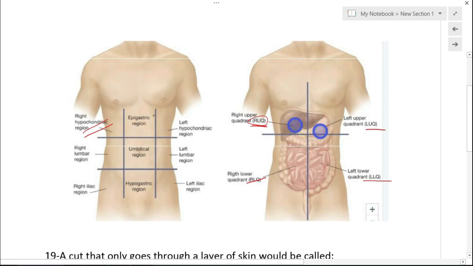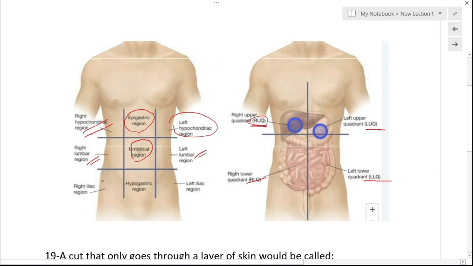That was the question. Then this area is known as the epigastric region, and here is the left hypochondriac region. This is the right hypochondriac region, this is the left hypochondriac region, and the middle portion is the epigastric region. Here is the right lumbar region and the left lumbar region, and the middle part is the umbilical region, where the navel is present.